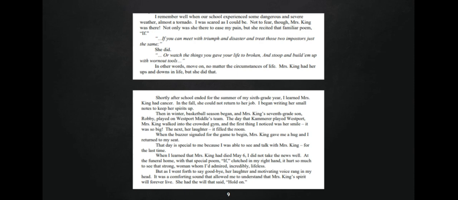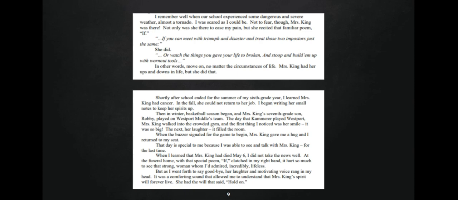The day that Kammerer played Westport, Mrs. King walked into the crowded gym, and the first thing I noticed was her smile. It was so big. The next, her laughter. It filled the room. When the buzzer signaled for the game to begin, Mrs. King gave me a hug, and I returned to my seat. That day is special to me because I was able to see and talk with Mrs. King for the last time.